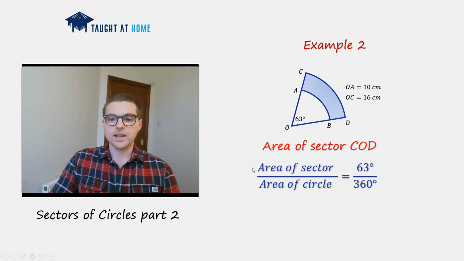Okay, so again we've got the same formula and it's the same centre angle because they share the centre angle. The only difference this time is that we've got a different radius. So the radius of the larger sector is 16 centimeters, so we can calculate the area of the circle that this belongs to, and it's going to be 804.25 centimeters squared.